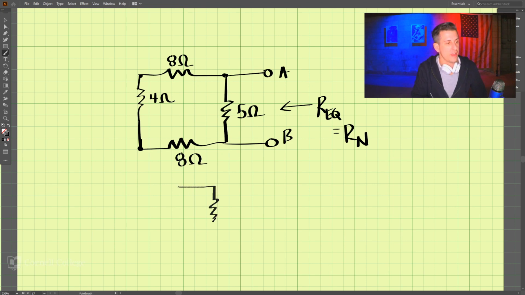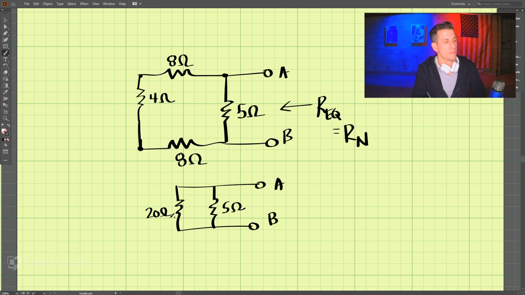So we have a circuit like this, A and B, with 5 ohms, and then we just said this was 20 ohms. These are in parallel with each other. So the equivalent resistance is 5 times 20 divided by 5 plus 20.